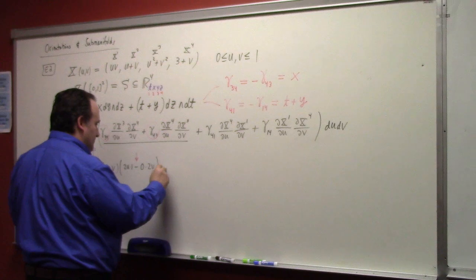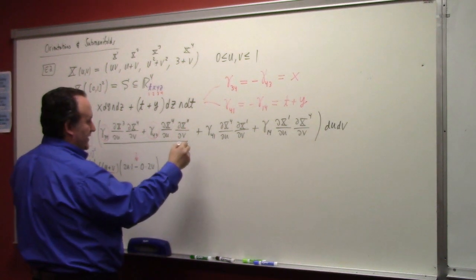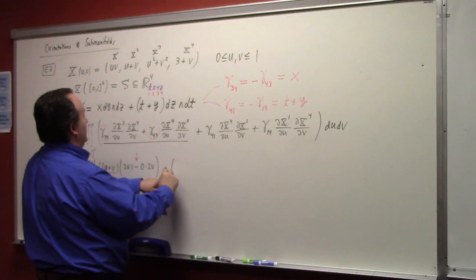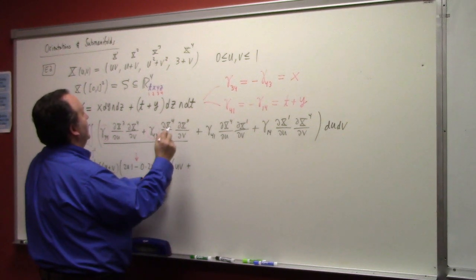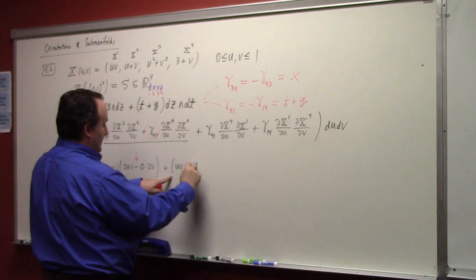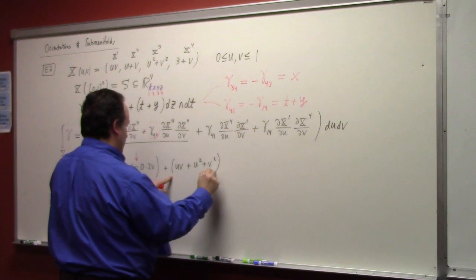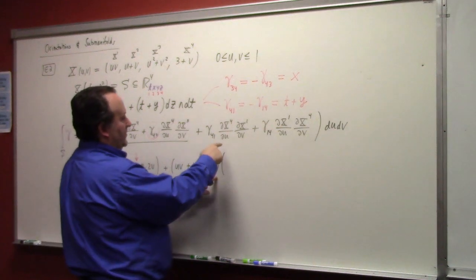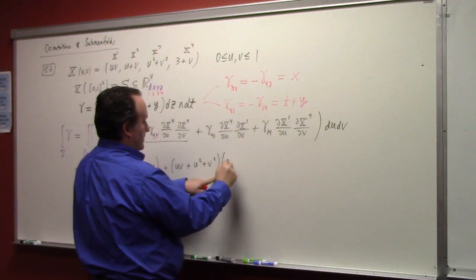But anyway, then gamma 4,1 is t plus y. But what is t plus y? Well, t plus y is uv plus u squared plus v squared, all right? And then I do my partial x4 partial u, which is 0.